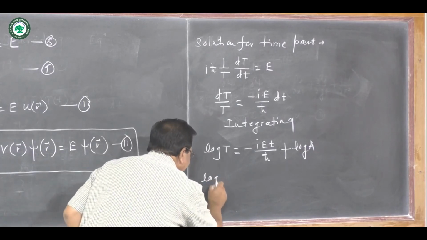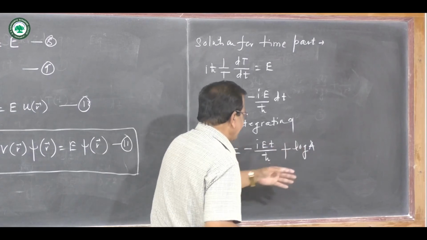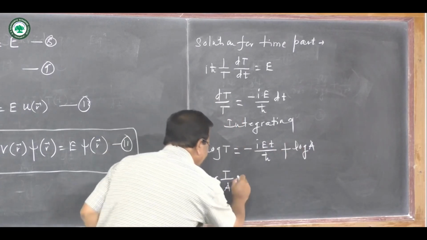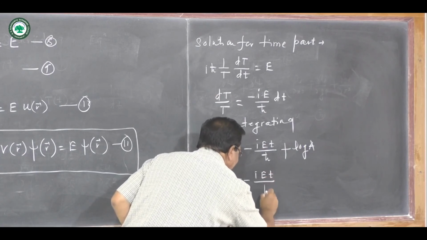Log T minus log A is log of T upon A, equal to minus iEt by h cross.